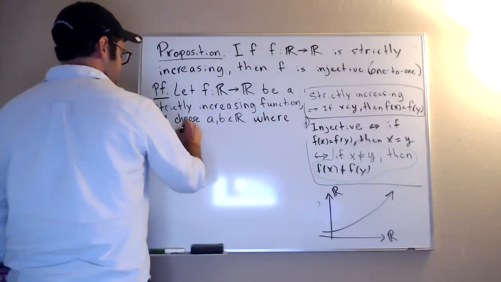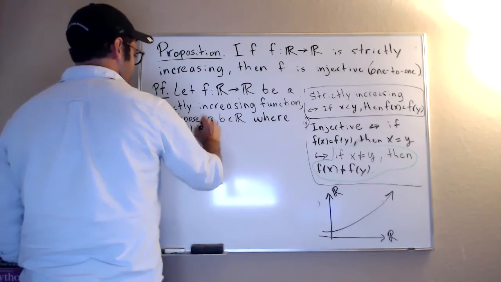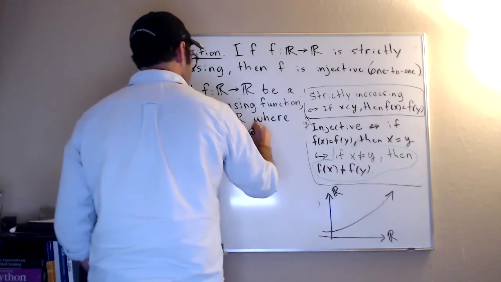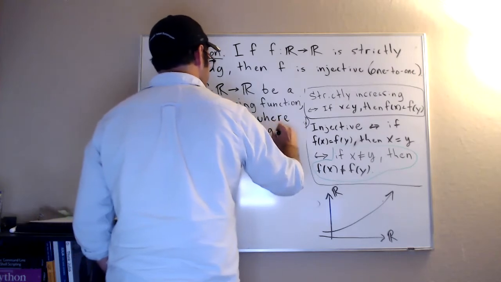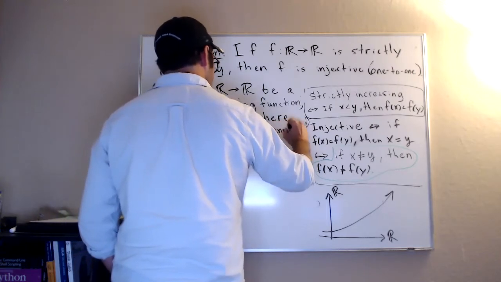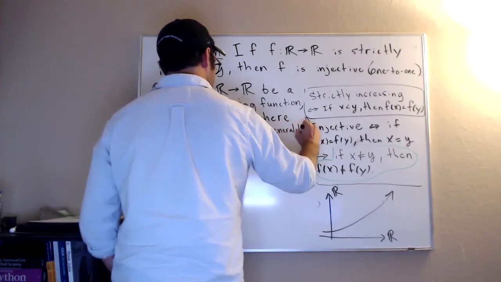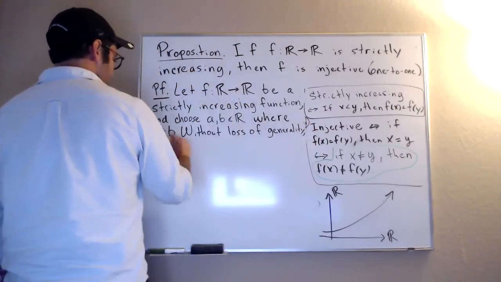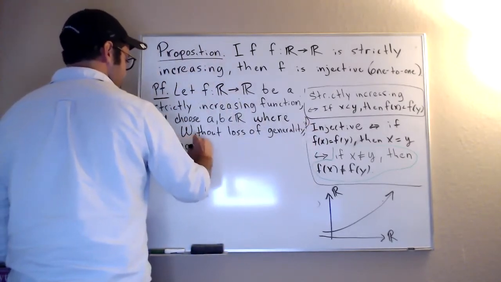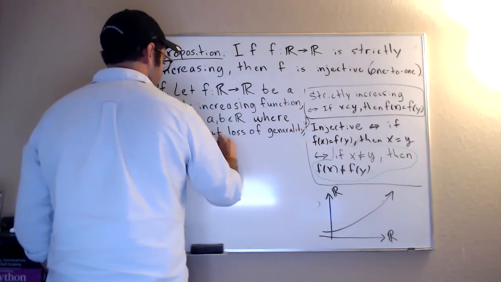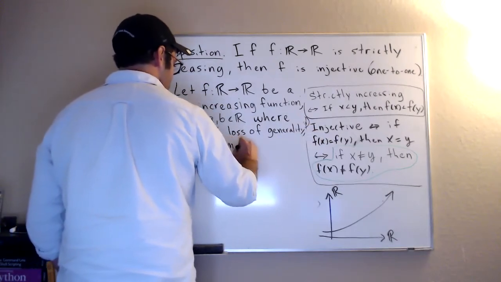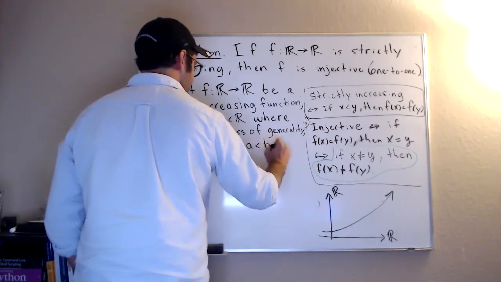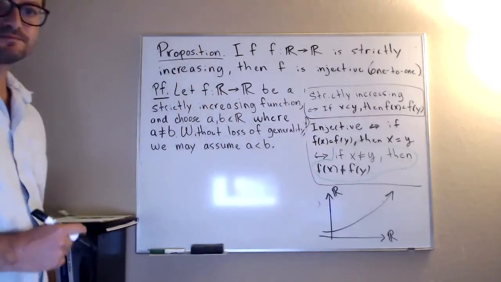So then we can say without loss of generality, we may assume A is strictly less than B.